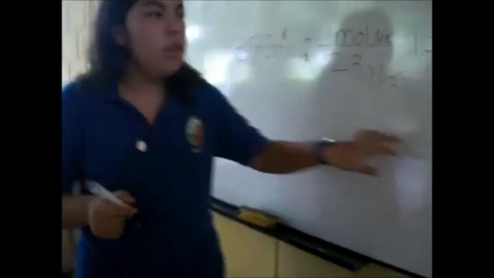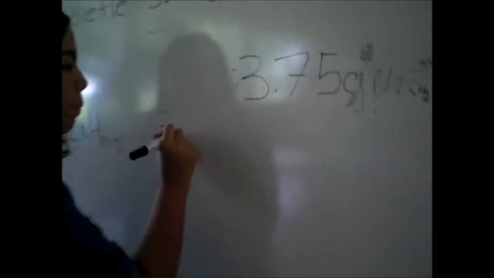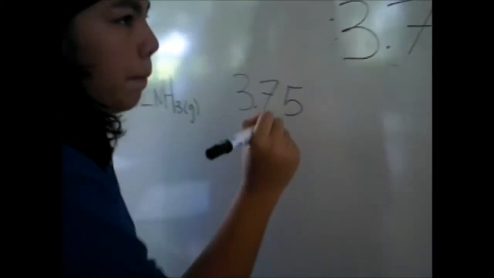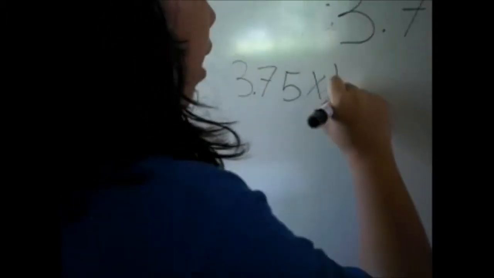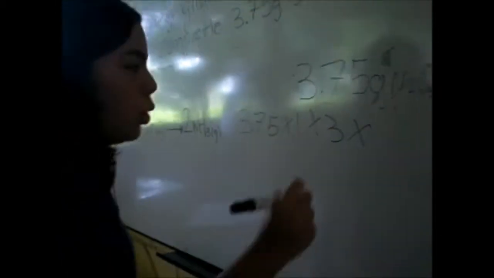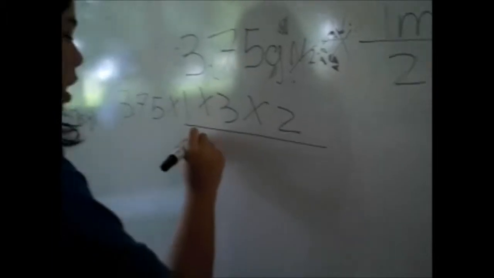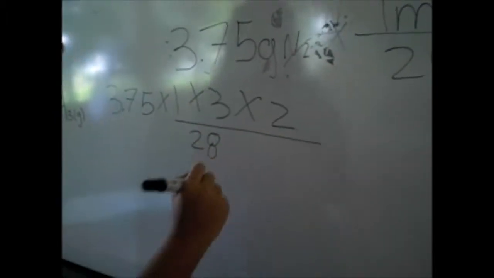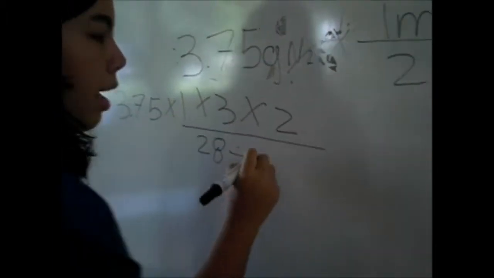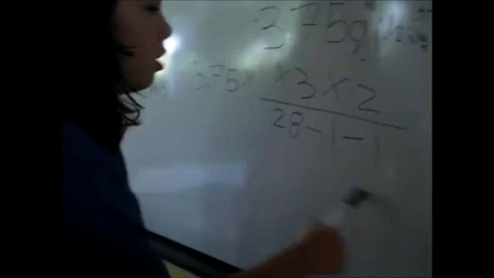Now you need to do all this on your calculator. So it may be easier for you to do it like this. Look, put 3.75 times 1 times 3 times 2. Divide by 28, divide by 1 and divide by 1.